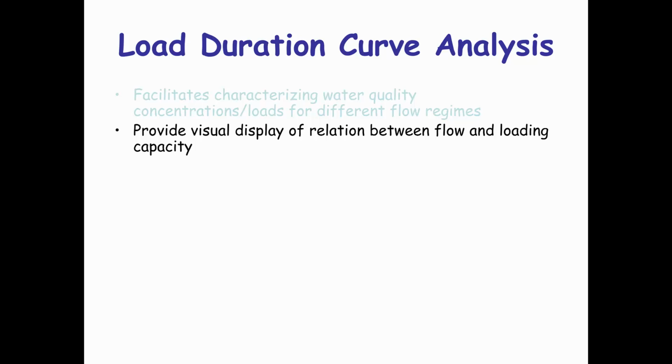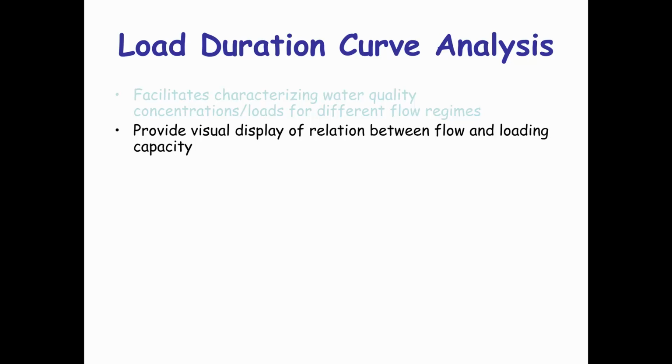It provides a display that shows a relationship between flow and loading capacity. Loading capacity here would relate to water quality impairment, and means that if the water quality load or concentration is below a target value, then the stream is not considered to be impaired.